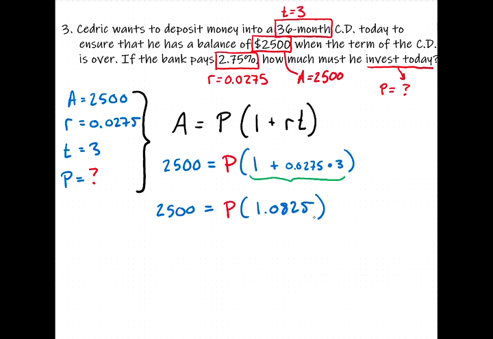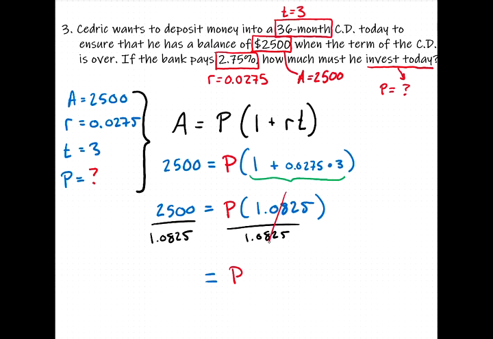Okay, now we have to solve for P. What we have here is multiplication, so we'll reverse it by using division. Let's divide both sides by 1.0825. On the right-hand side, these numbers cancel.